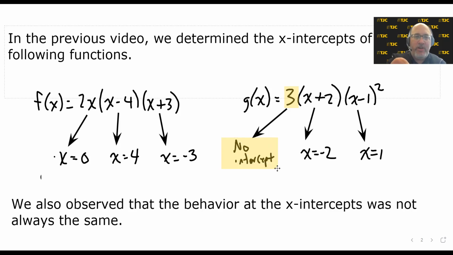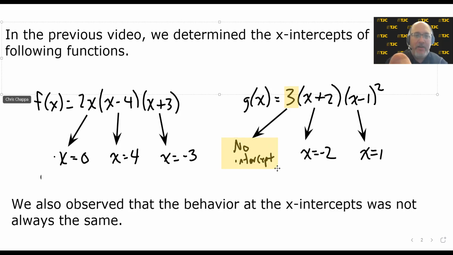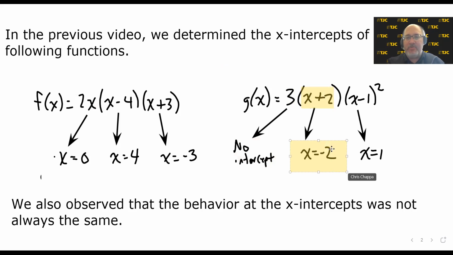What are you going to do if I say put 3 equal to 0 and solve for x? Number one, it's not equal to 0, and number two, there's no x to solve for. However, x plus 2, when set equal to 0, gave us x equals negative 2, and x minus 1, when put equal to 0, gave us x equals 1.